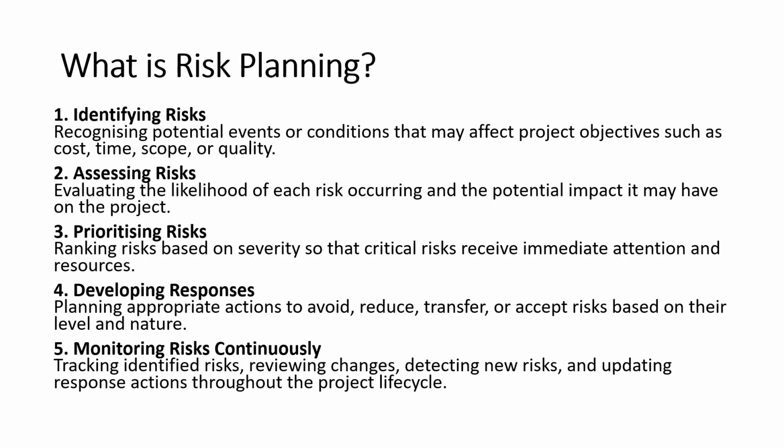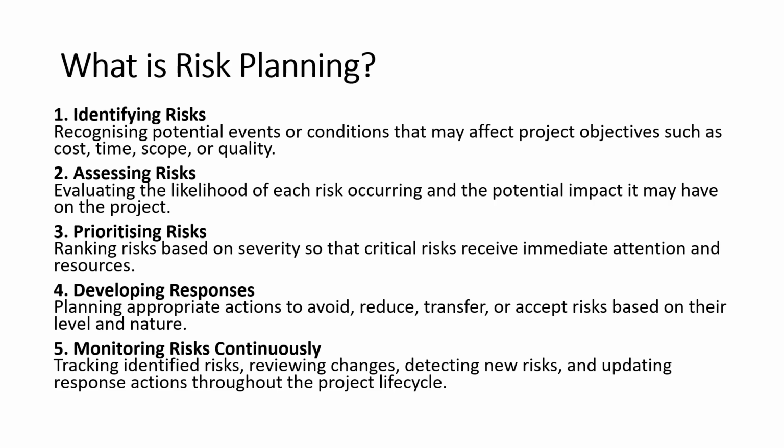The third step is prioritizing risks. Not every risk requires the same level of attention. Some risks are critical and need immediate actions, while others may simply be monitored. Prioritizing helps the project team focus resources on the most important risks.